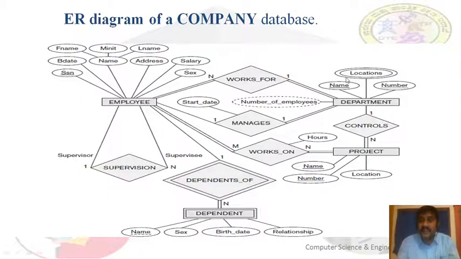Wherever we find a double oval, we can specify that as a multi-value attribute. In the department entity type, we have a multi-value attribute location, that is, we have more than one value for this attribute.